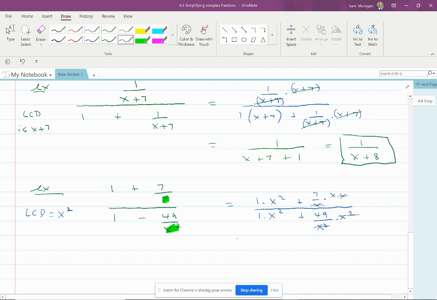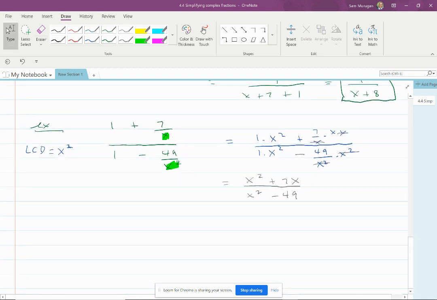That leaves me with x squared plus 7x. I think I messed the sign up here. This should be negative. Yes, it is. So this is x squared minus 49.